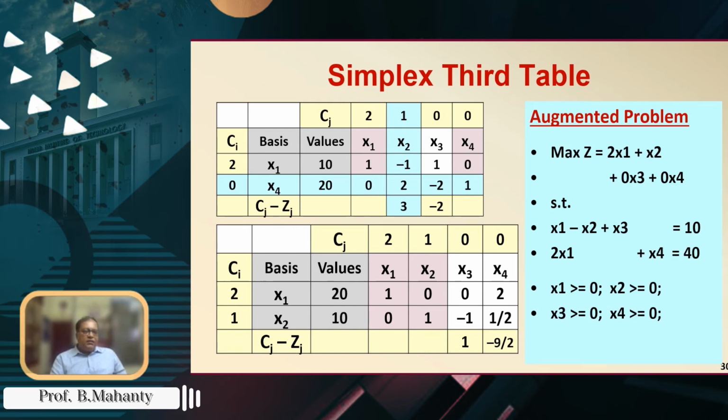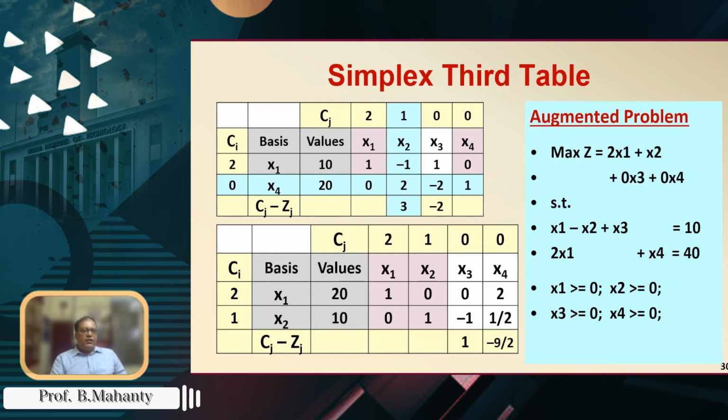And for the other variables, we use the formula. The formula is 10 minus 20 into minus 1 by 2. 20 into minus 1 by 2 is equal to minus 10, and 10 minus minus 10 is plus, so it is 20. And this 1 will remain 1 because of this 0.